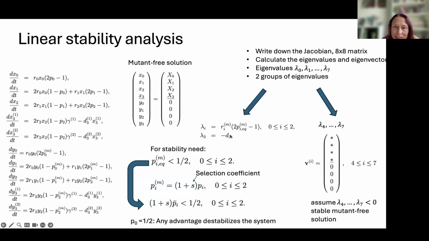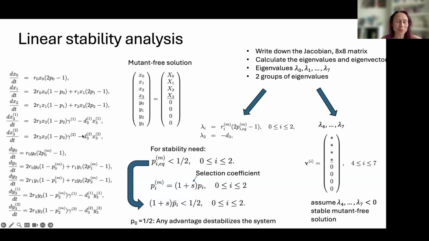So this eigenvalue number 3 is always negative because of this. Oh, by the way, I forgot to say that I'm making a simplification here. You see, there are really 5 equations here, 10 in total, and I'm talking about 8 by 8. Why is that? It's because I took these 2 that correspond to the last thing that branched, and I combine them together because I don't care about this group.